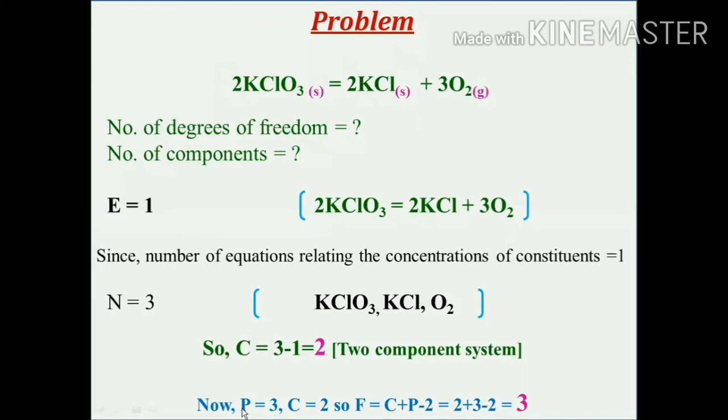So the value of P comes out to be 3 over here. It's just a conceptual part which is applied here. C we have just calculated from the above section, and I know the value of P, so I simply substitute them. C is 2 and P is 3, so 2 plus 3 minus 2 comes out to be 3. F is 3.